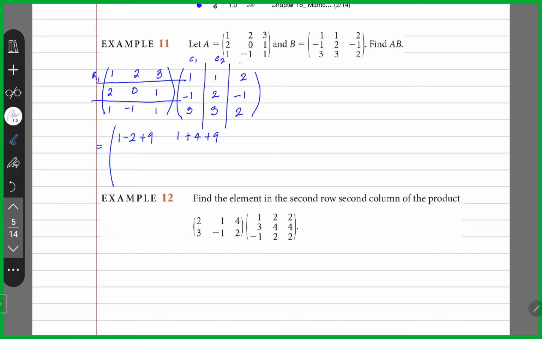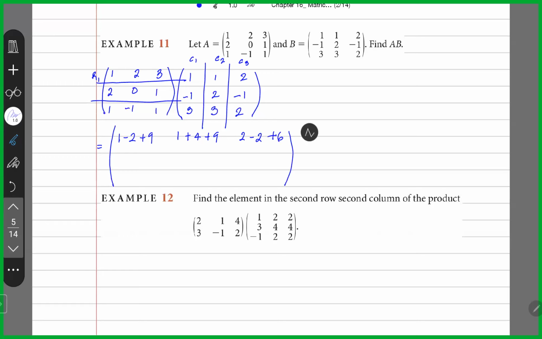First row, third column, we're going to get the top right element. 1 times 2 is 2. 2 times minus 1 is minus 2. 3 times 2 is 6. So we need to be careful not to make any errors.